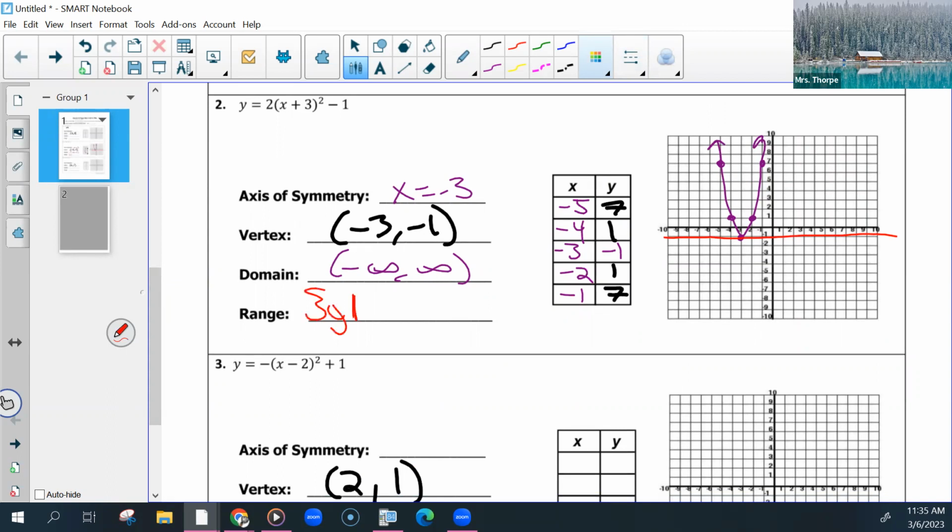So y is greater than or equal to -1. Or it starts at -1 and goes to infinity. If you're writing both, you don't have to write both. You can pick whichever one you like better, but it is good practice to do both.